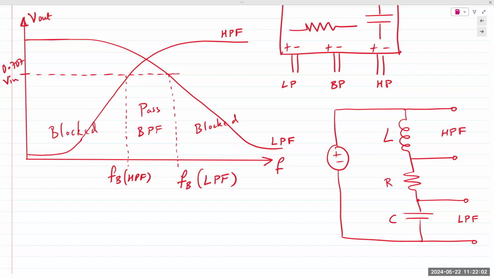And depending on the values of the components, you get a certain band of frequencies that are allowed to pass through if you take the output across the resistor, okay, in the RLC. So with the exact same circuit, you can have three filtering actions depending on where you take the output.